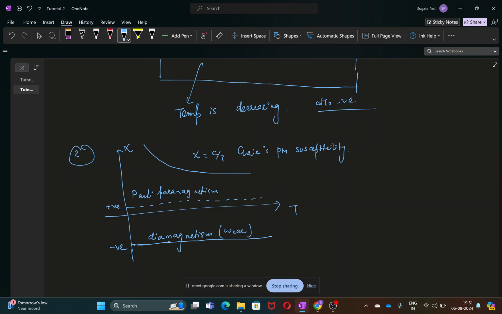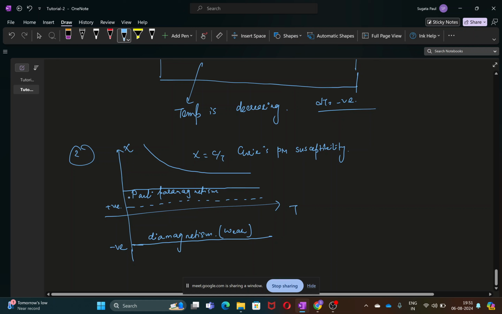And similarly, of almost the same strength as the diamagnetic strength, on the positive side there is a constant part that is coming, which is called Van Vleck paramagnetism.